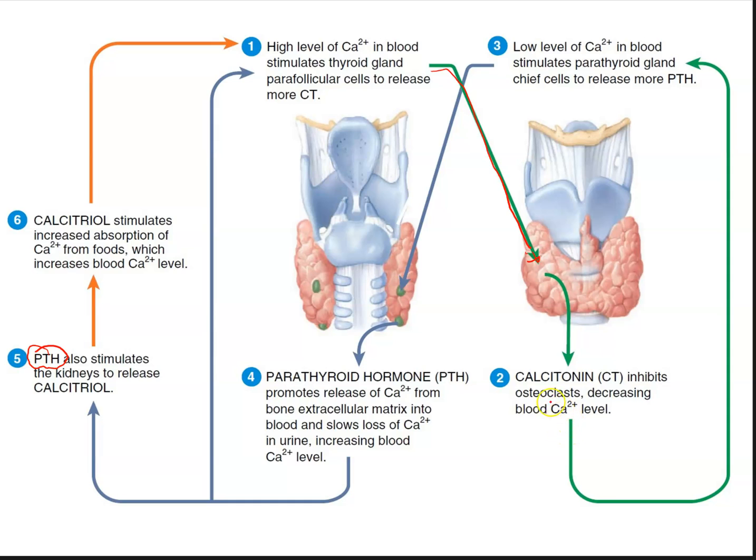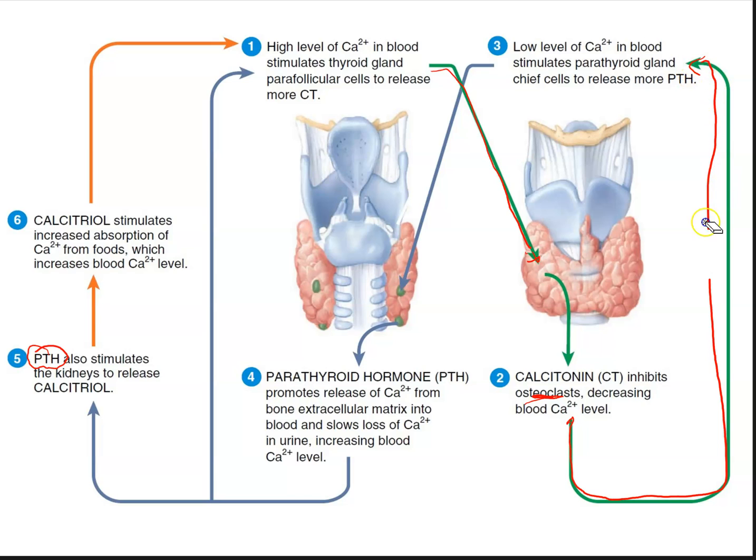Calcitonin inhibits osteoclast activity and stimulates osteoblast activity. The osteoblasts take up blood calcium and then deposit it on the bone, so the blood calcium level gets lowered.